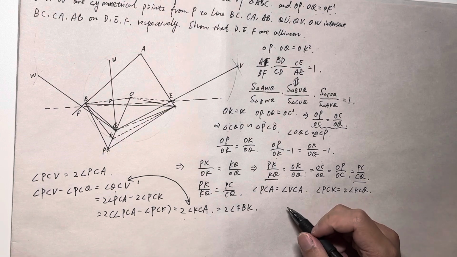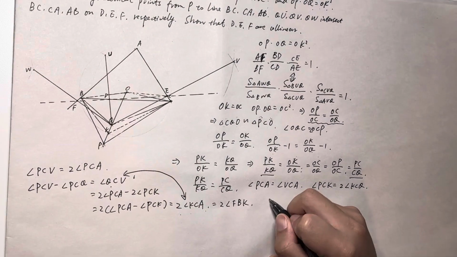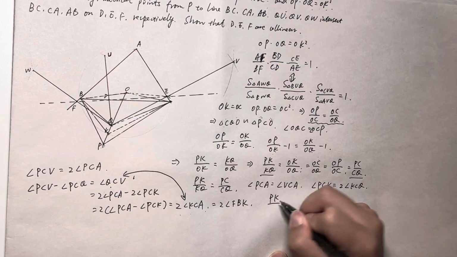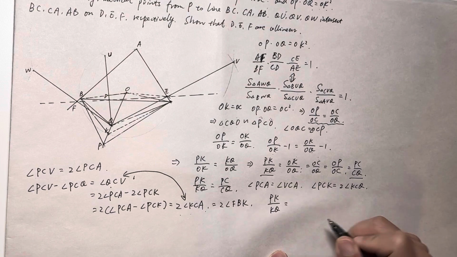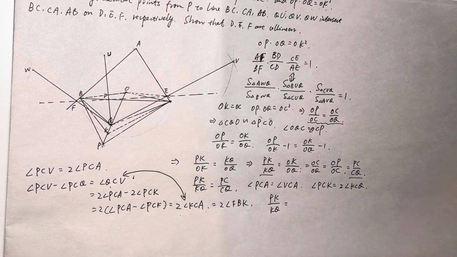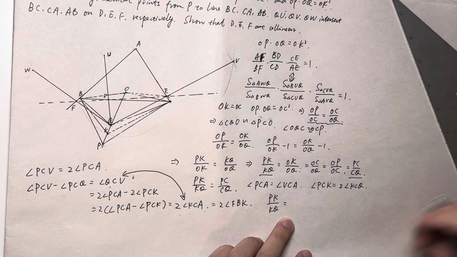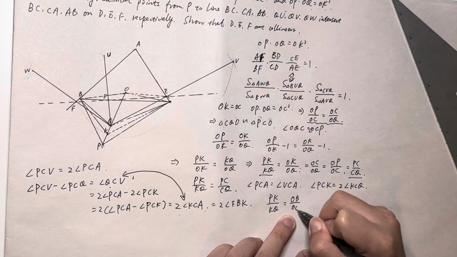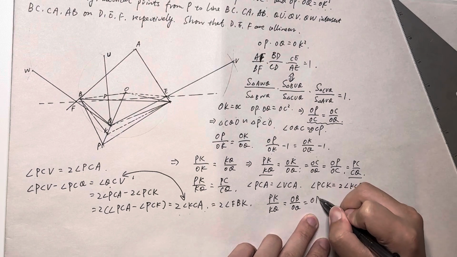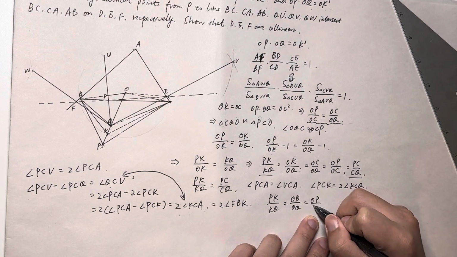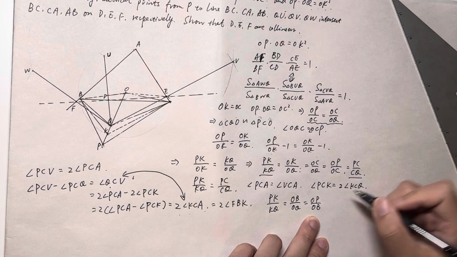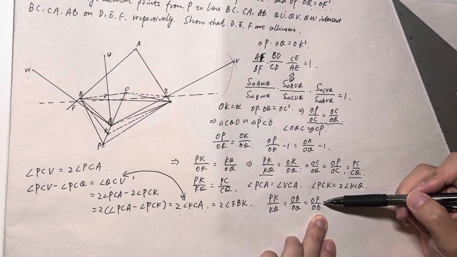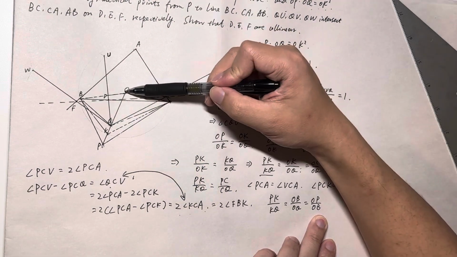So we get PK to KQ equals OB to OQ equals OP to OB, right?